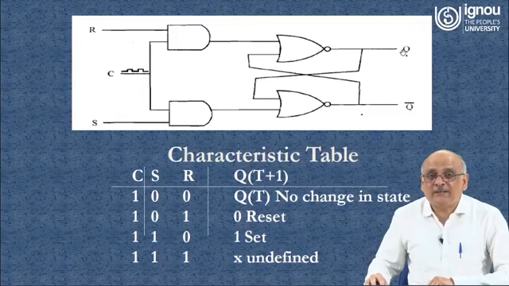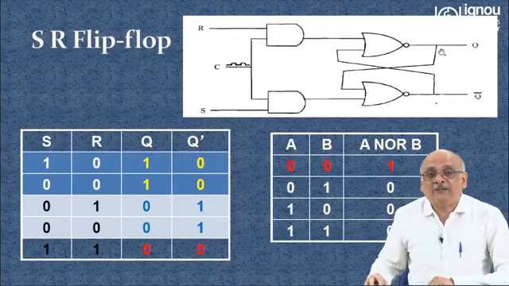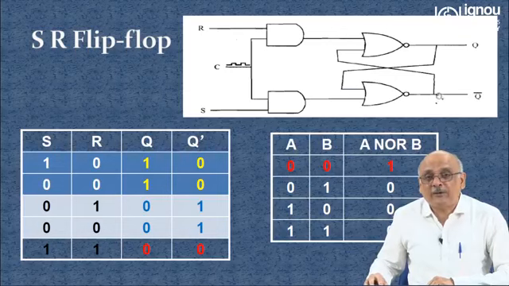But suppose Q was 1, it will happen the other way around. If Q was 1, then because one of the inputs is 1, this is going to remain 0. Because 1 0 1 or 1 0 is going to give us 0. And since this is also 0, the output of Q will still remain 1.